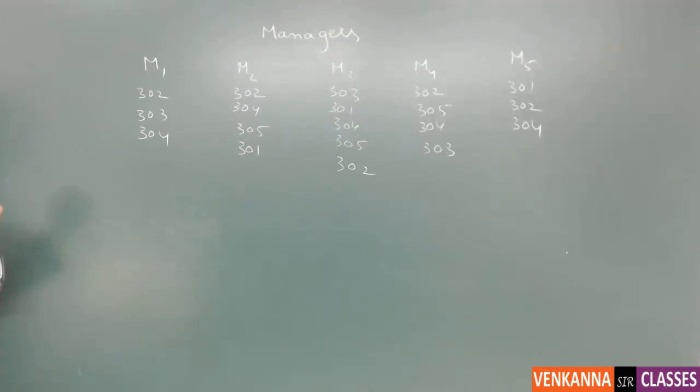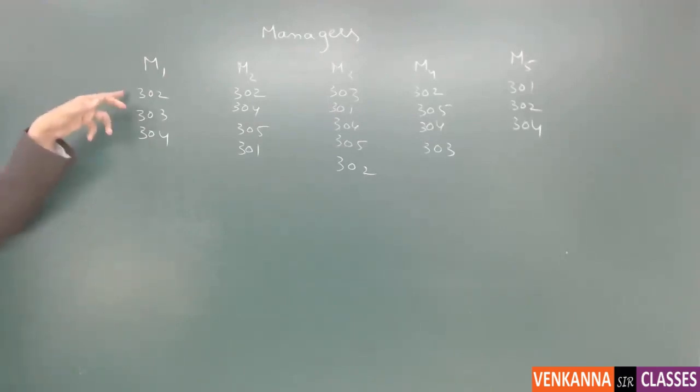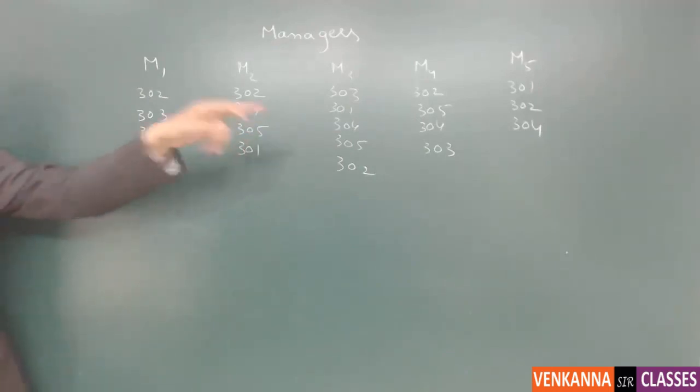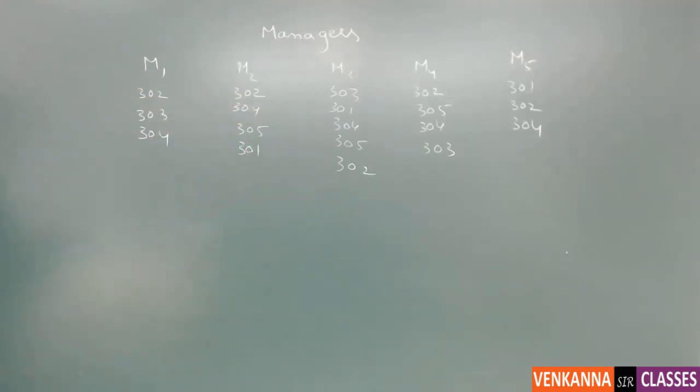Now, the managers are given an option: what is their order of preference in selecting those rooms. So this is the order of preference for the first manager. Like that, everyone has given an order of preference. Here, some rooms are not mentioned, meaning they are not interested in those rooms if they get a chance to settle there.